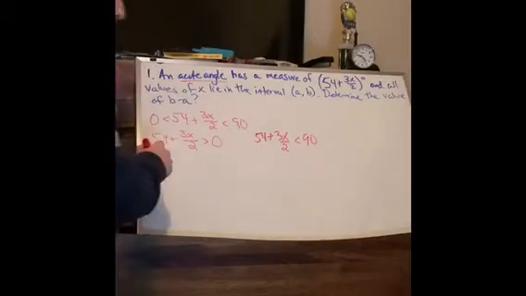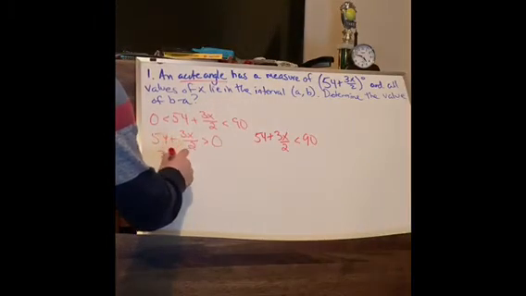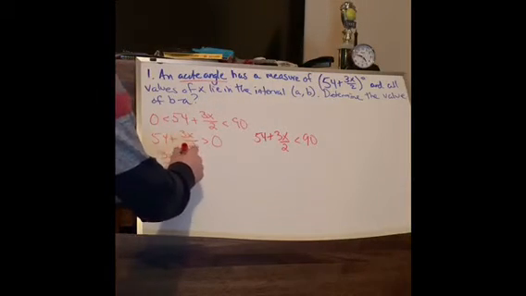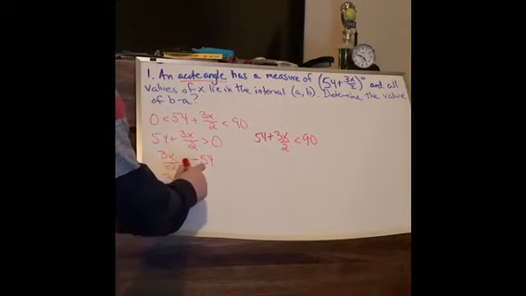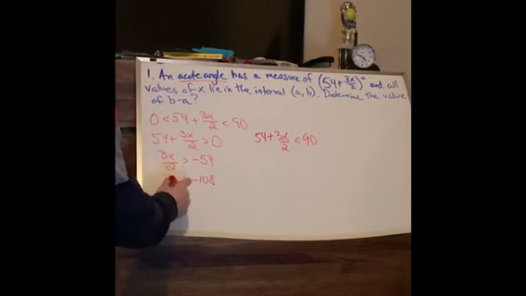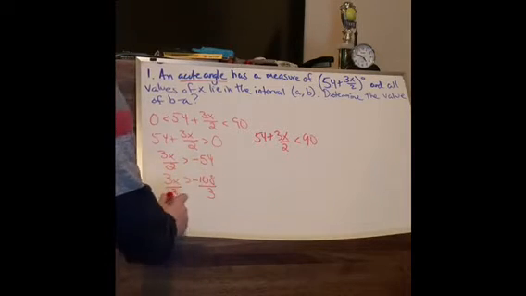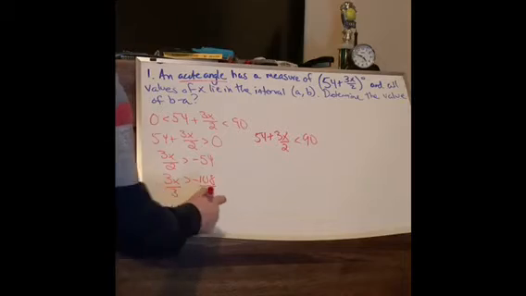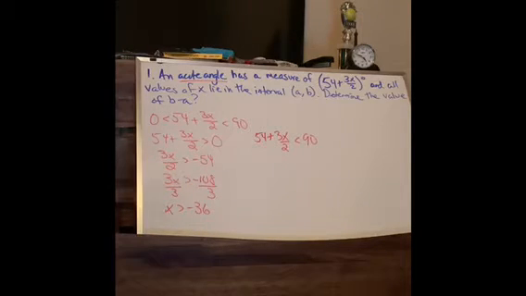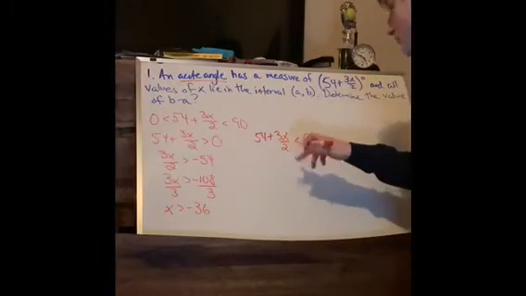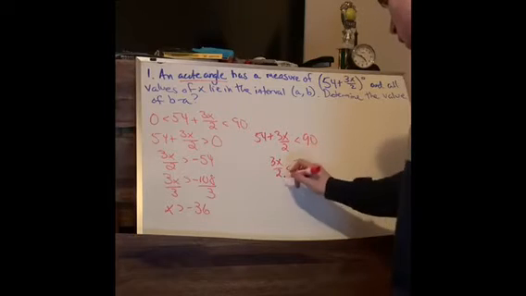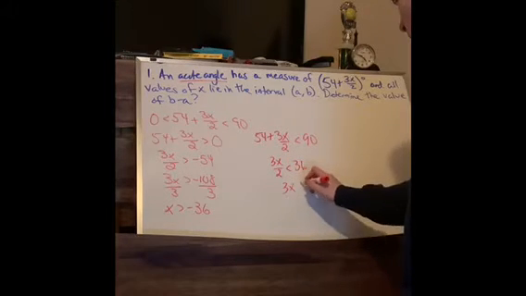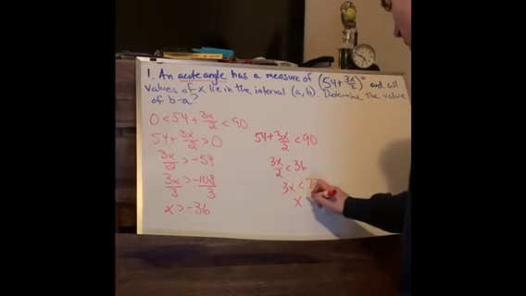So solving this first one, 3x over 2 is greater than negative 54. 3x is greater than negative 108. Divide by 3. x is greater than negative 36. We don't have to switch the inequality sign because we're dividing by a positive, not a negative. Here, we subtract 54 from both sides. 72. x is less than 24.